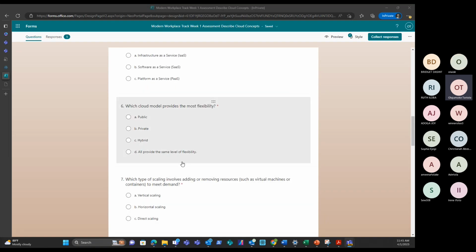Number 6. Which cloud model provides the most flexibility? Yes, Winner, that's group F. Hybrid. Okay, yes, that's fine.